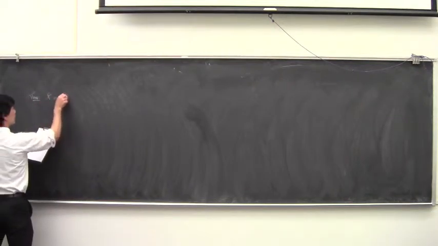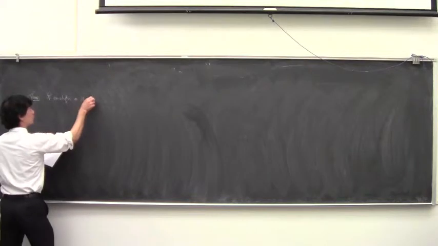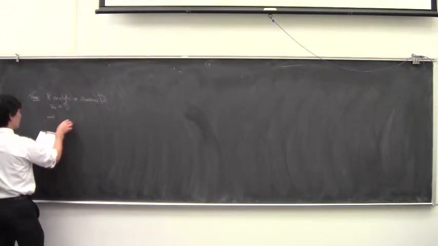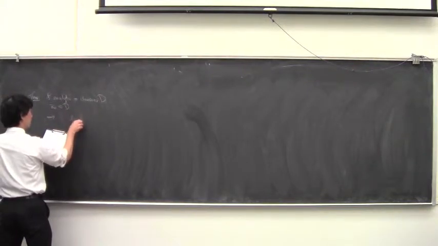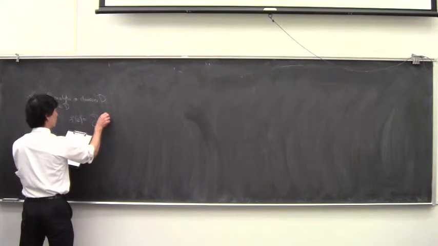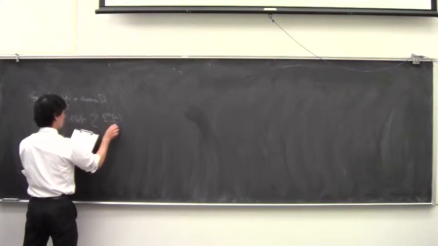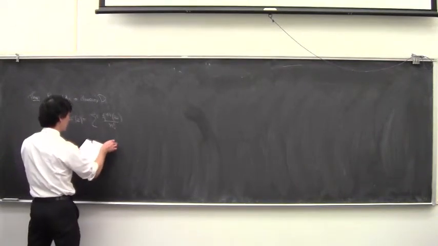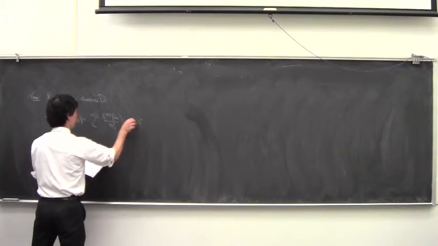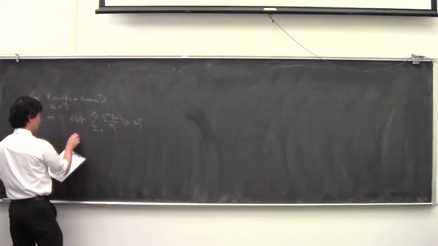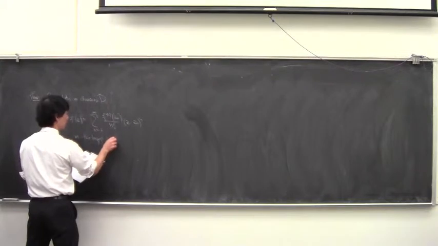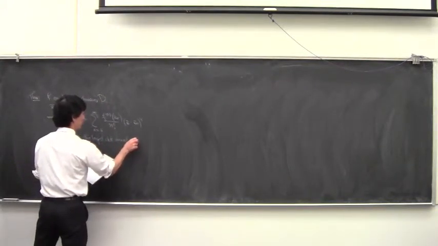If f is analytic in a domain, and z naught is some point in the domain, then f of z equals the summation of the nth derivative of f evaluated at z naught over n factorial, times z minus z naught to the n, where n equals 0 to infinity, in the largest disk around z naught in the domain.